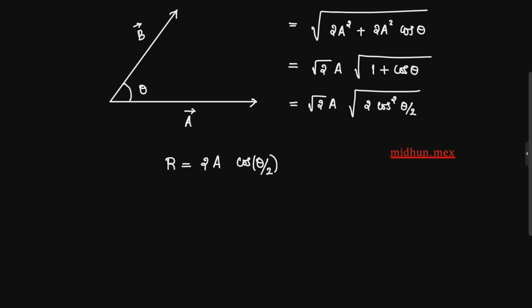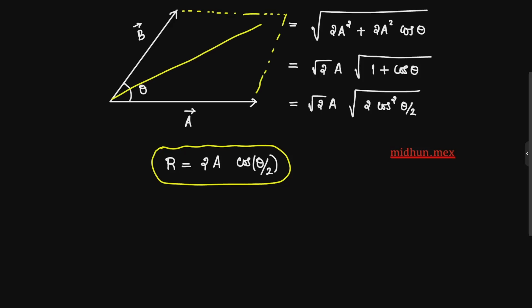So maybe they will ask this as a derivation for some universities. You remember that. And if I want to find alpha, how much angle, I construct a parallelogram like this and the diagonal goes like this. We need to find what this angle alpha is. I will apply the formula for tan alpha.